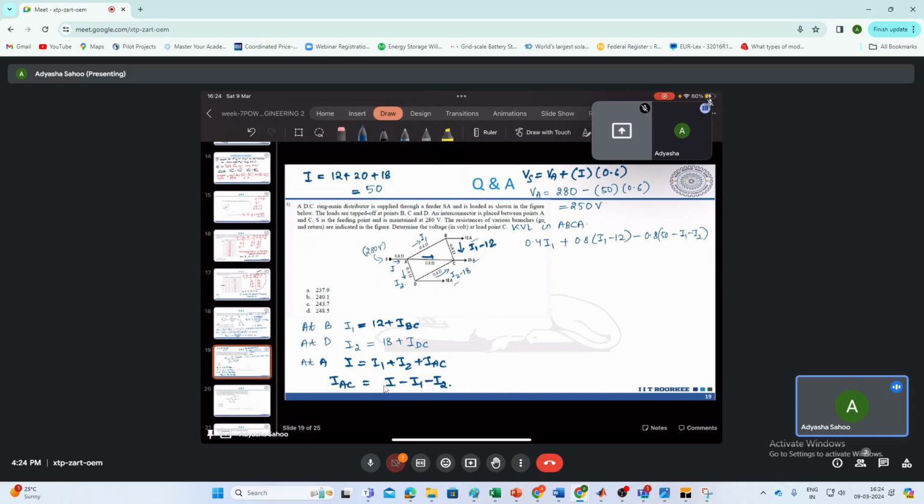So from here I will get 0.4 I1, 0.8, 1.2. How much is 0.8 into 50? It is 40.